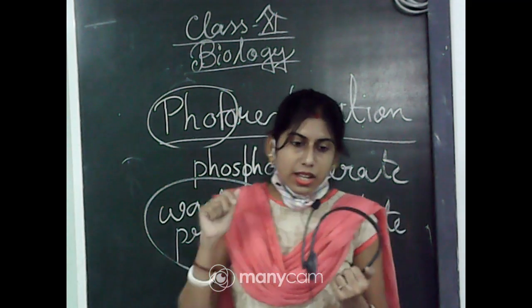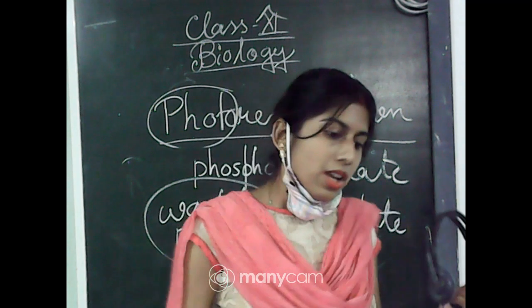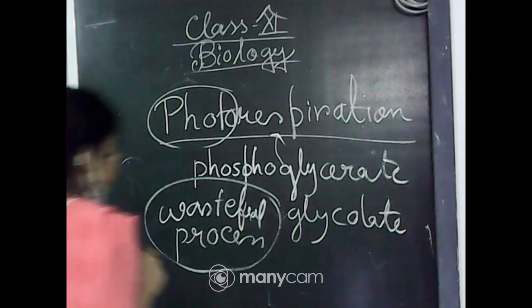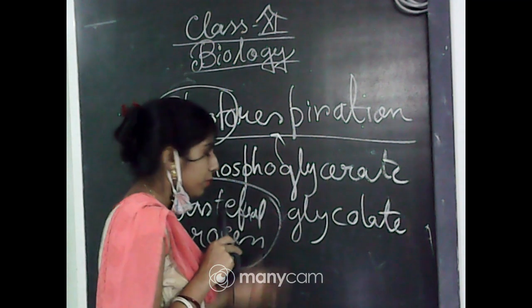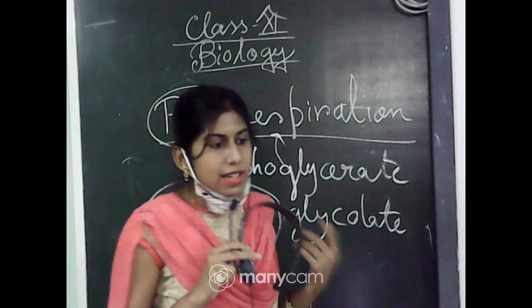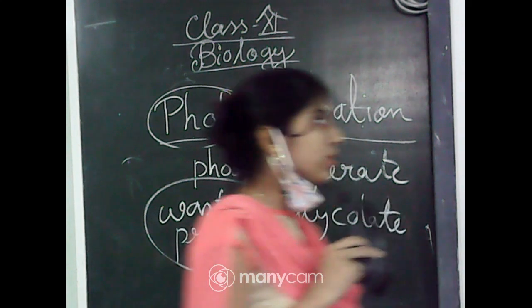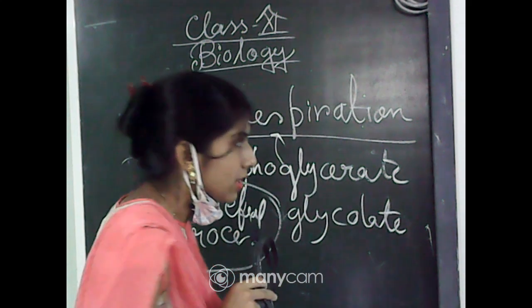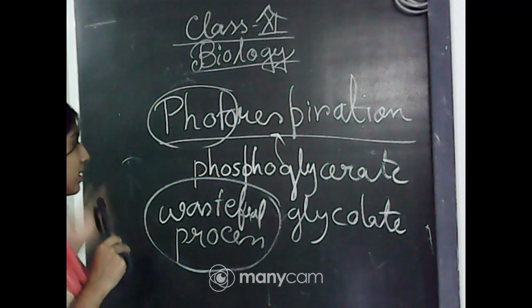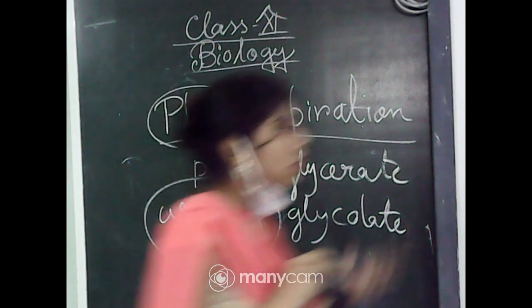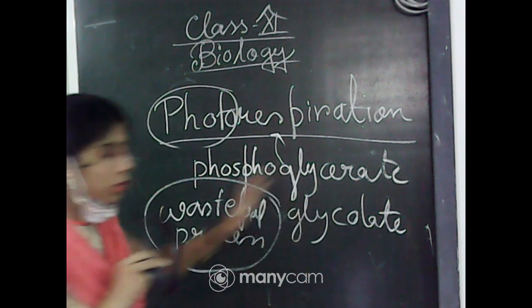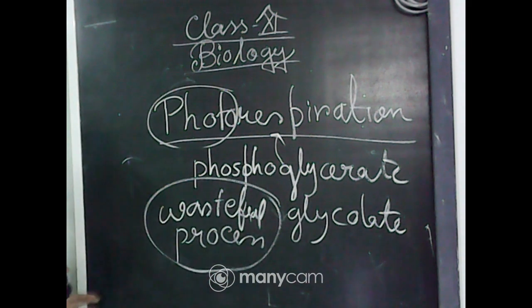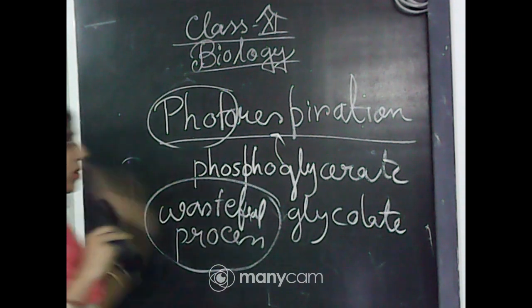But in C3 plants, oxygen binds in the active site of the Rubisco, and instead of working as carboxylase, it is working as oxygenase. Instead of formation of glucose, ATP and NADPH, it is forming phosphoglycerate and phosphoglycolate, right? So it is a totally wasteful process.